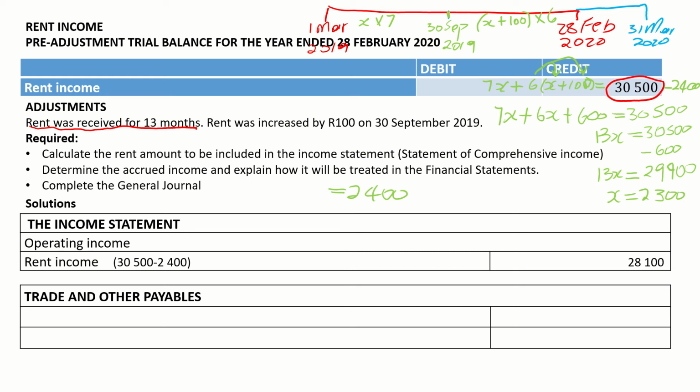And then you're going to go to trade and other payables. Under trade and other payables, you will have income received in advance of 2,400. As I have said in class, you can call it income received in advance, or you can simply call it deferred income.